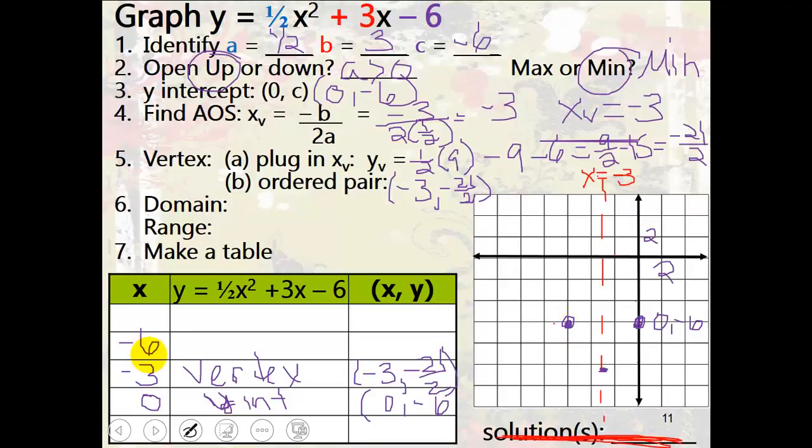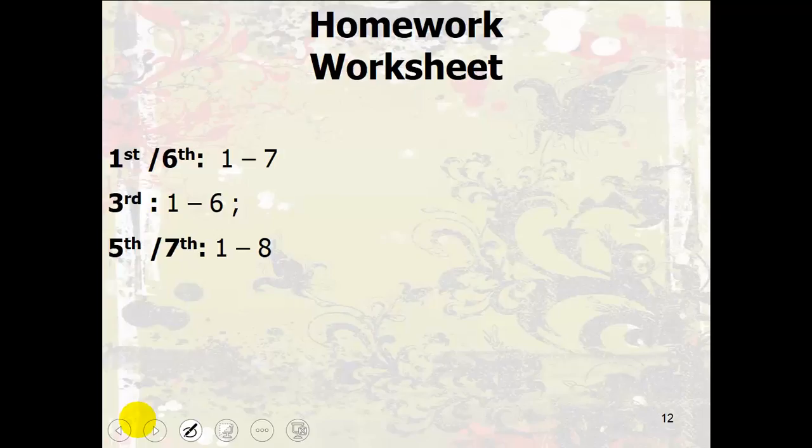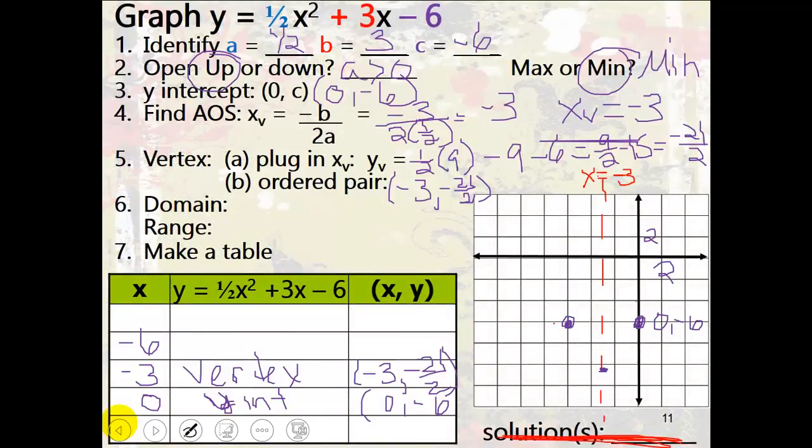And then let's just try plugging in a 1. Let's see if we can get it to cross the x-axis. Let's plug in -8, and then we'll use symmetry.